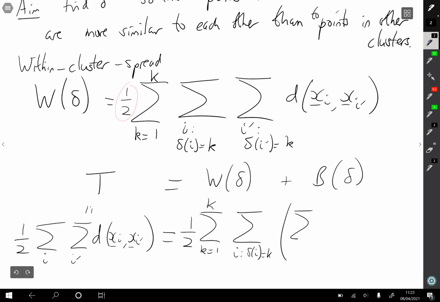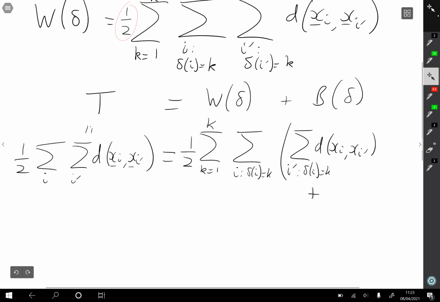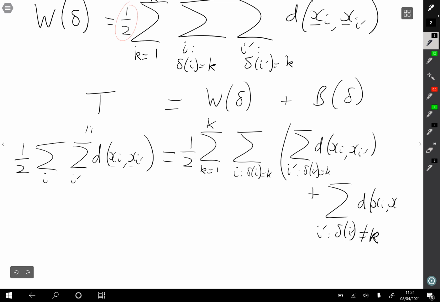Then we can split this into a sum over i prime such that delta i equals k, of d(xi, xi prime), plus the sum over i prime such that delta i prime does not equal k, of d(xi, xi prime).